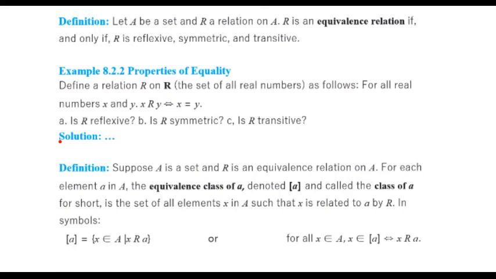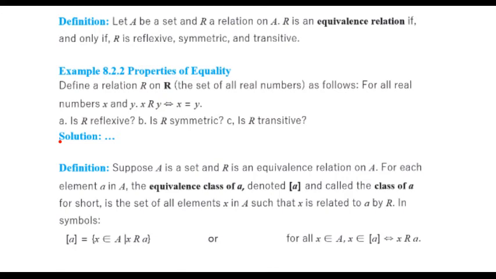And finally, we can say the equality relation is transitive too, because if x is related to y and y is related to z, we can basically conclude that x is equal to z and x is related to z, because equality on real numbers has the transitivity property.